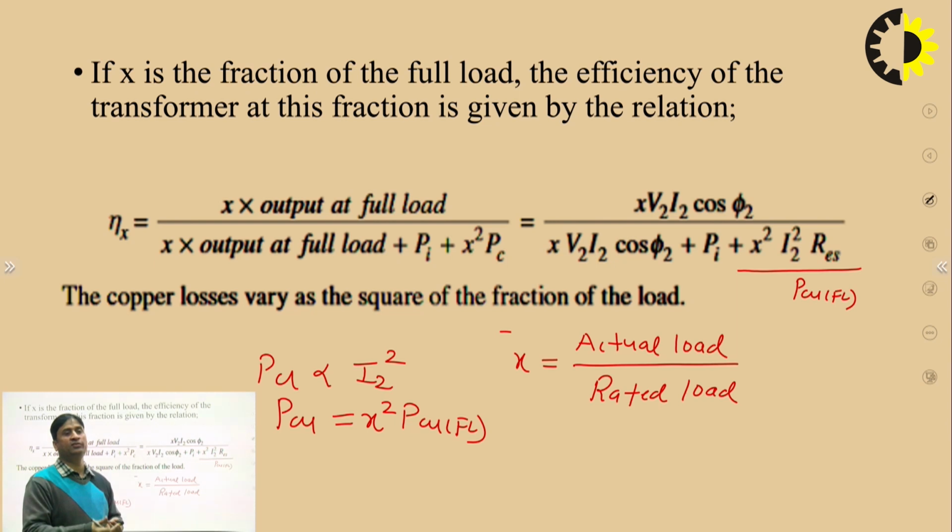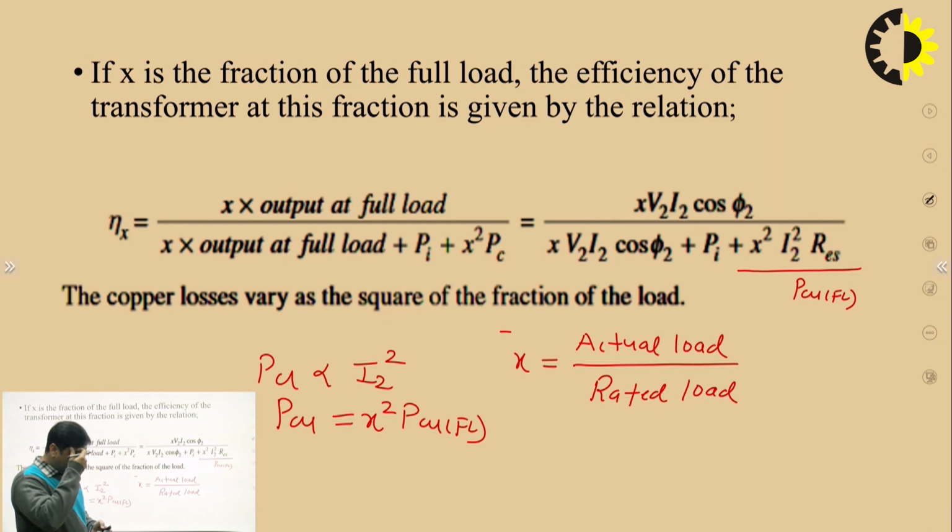In the morning the load is different, in the afternoon the load is different, and throughout the 24 hours the load on a transformer is variable. When the load is variable, the load current will change accordingly. So this is how you can calculate the efficiency of the transformer at any load.